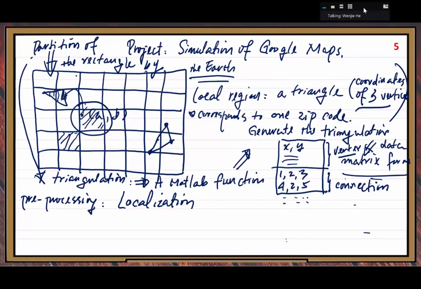So for each square, you need a list of triangles that intersect with the square. You can do that calculation in the pre-processing, because you can use a lot of time to calculate it before the request is submitted. That's the pre-processing, okay?